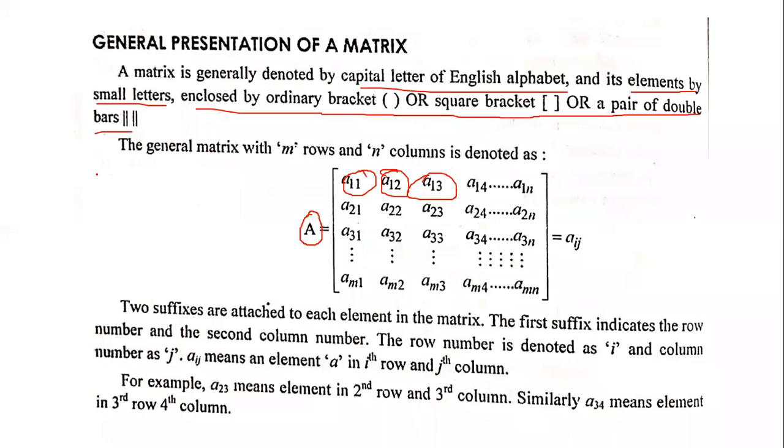So if you see a normal bracket like this, it is a matrix. If you see rectangular brackets, it is also a matrix. Or if you see just two lines on either side, it is also a matrix.